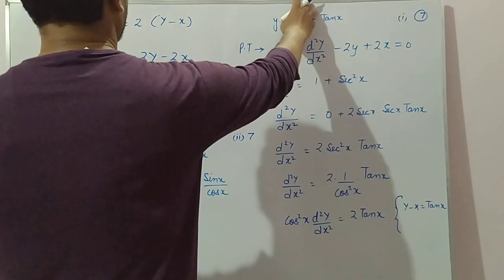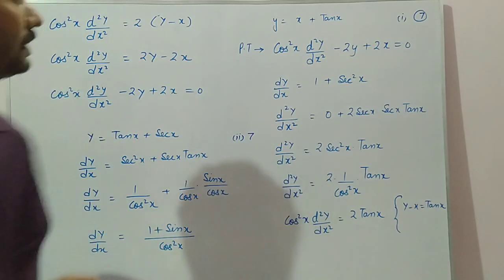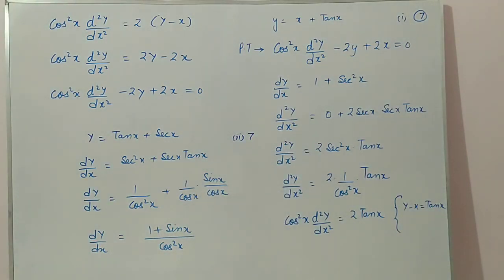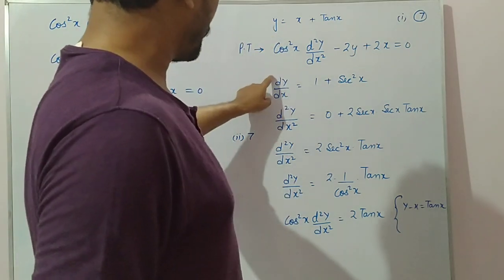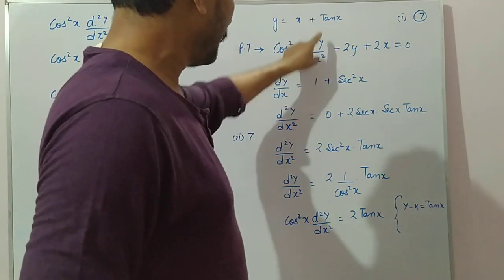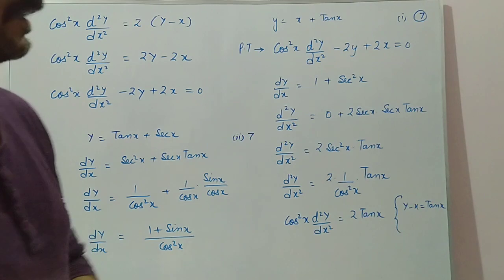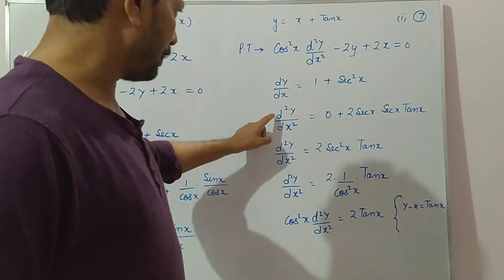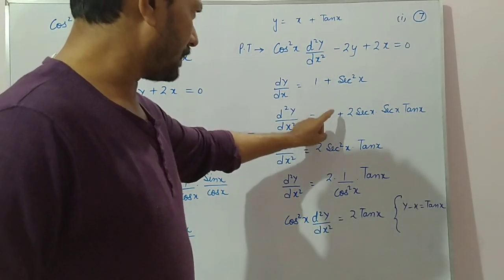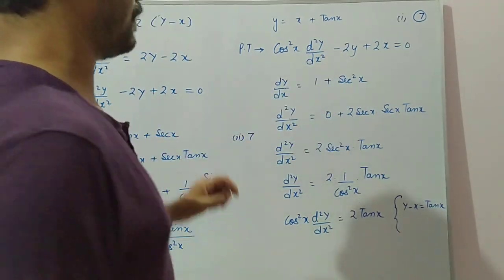So here, what we are doing here, first we are differentiating. Y differentiate is what? Dy by dx, x is 1, tan x is sec square x. After that, second differential, that is d2y by dx square. One differential is 0. Sec square x means what?